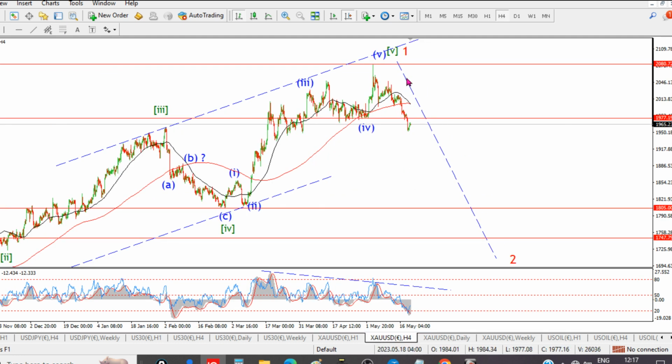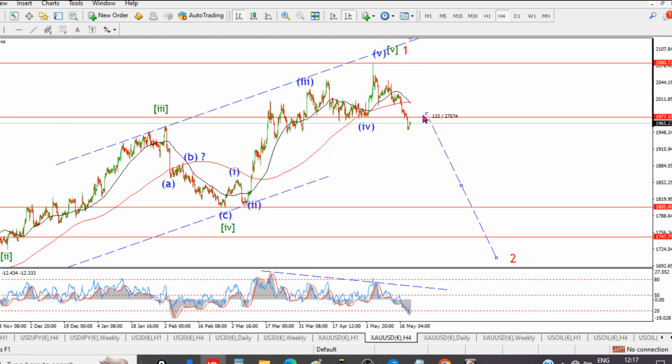Okay, let's get on to gold. It's a 4-hour count in gold. This week, if we haven't confirmed it, we're definitely leaning heavily in favor of this wave count now, this bearish count. The initial decline off the top can be viewed as either an impulsive 5-wave pattern or a 3-wave pattern.